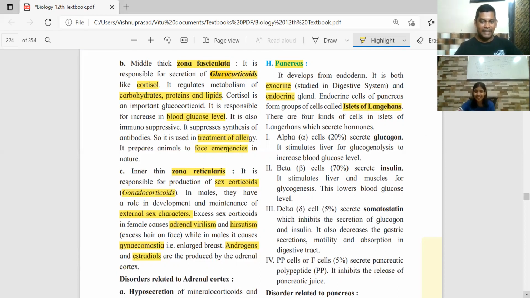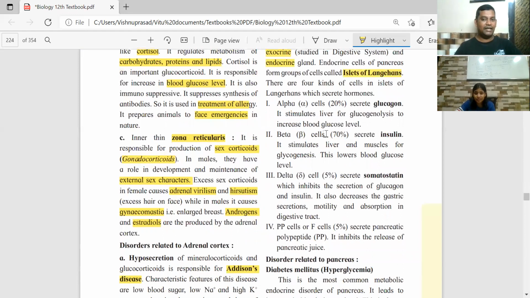The islets of Langerhans have 4 types of cells which produce respective hormones. You have alpha cells, which are around 20 percent. They produce glucagon. What does glucagon do?